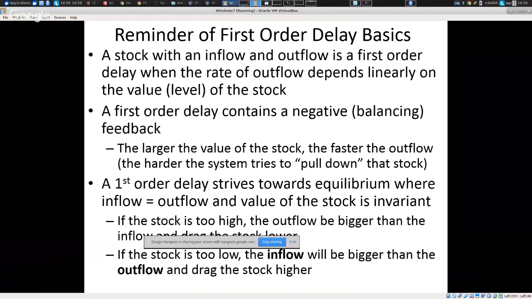Now, when we have a balancing feedback, when we consider it in isolation, what sort of behavior do we expect from that? Do we expect it to blow up? No. What do we expect? Stability. It sort of pulls back to an equilibrium. It's in stasis, it's like homeostasis.